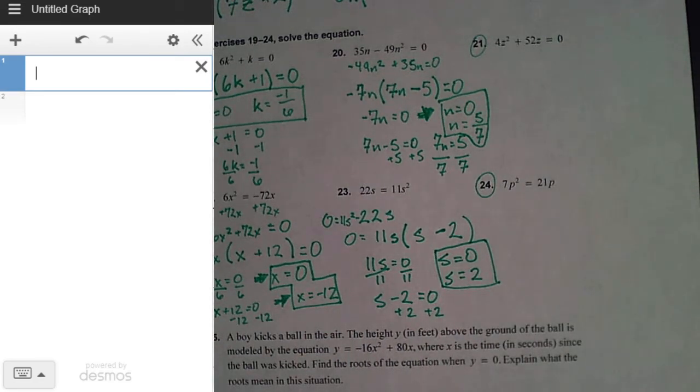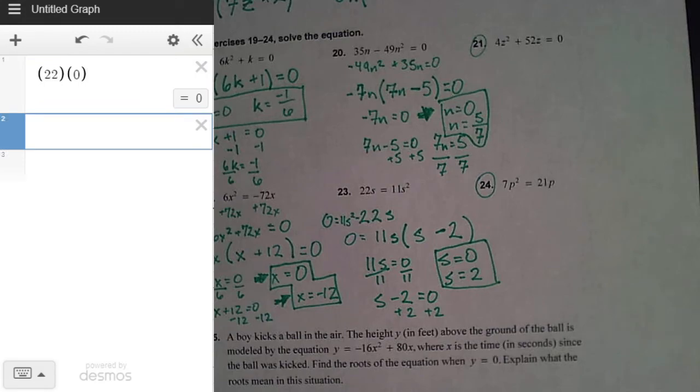And if you need to go back in and check, does one side equal the other? Well, you could do that. So we have 22 times 0 equals 0, and 11 times 0 squared is also equal to 0. So that's true.